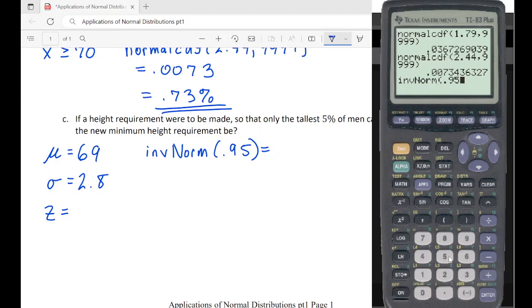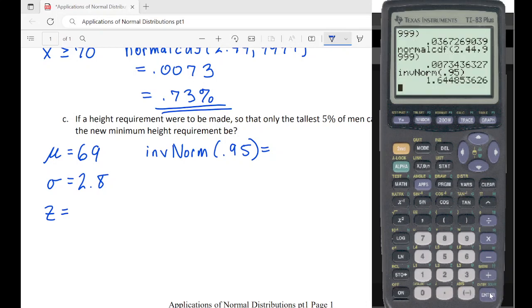It's the same thing what we're going to type in here. We just leave mu and sigma alone. You just type in 0.95 for the area. And then we just close, hit enter, and we're going to get 1.6448. So rounded to 2, I'm going to say 1.64. And that will be our z-score.